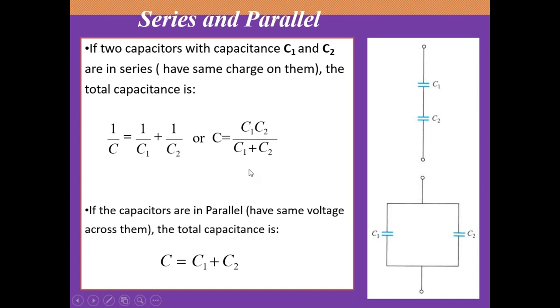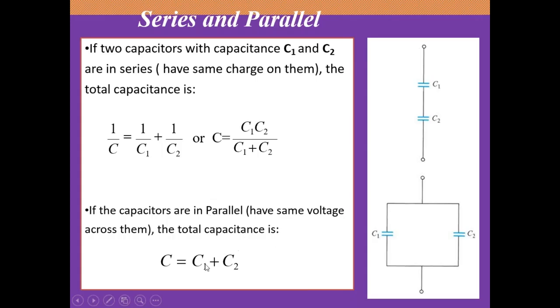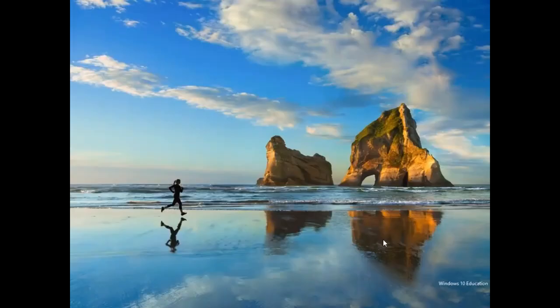If the capacitors are in parallel and have the same voltage across them, then C equals C1 plus C2. This is a capacitor connected in series, and this is a capacitor in parallel.